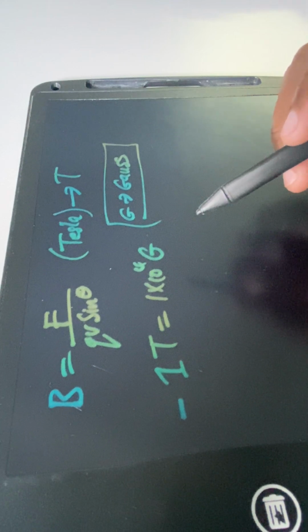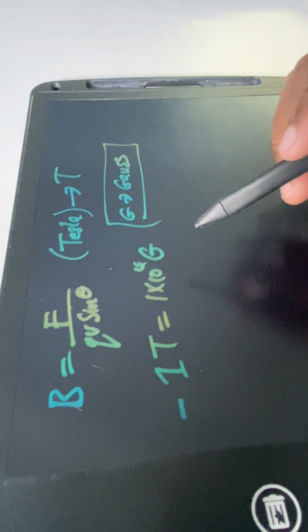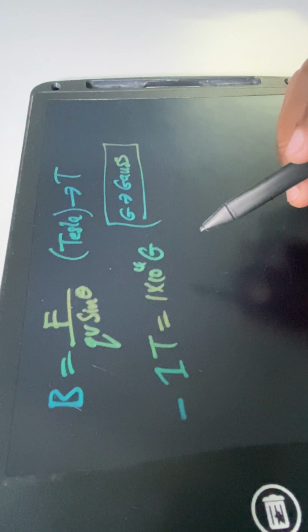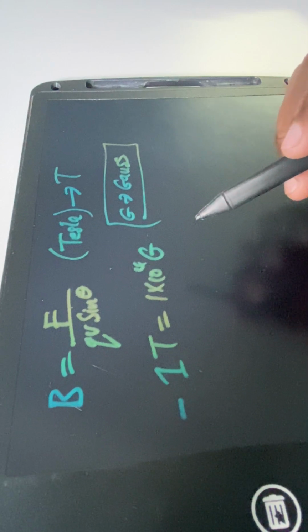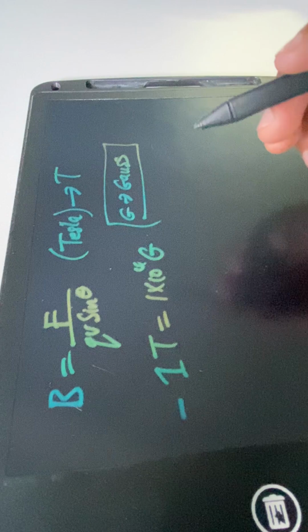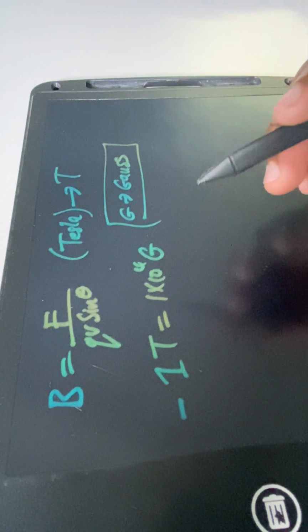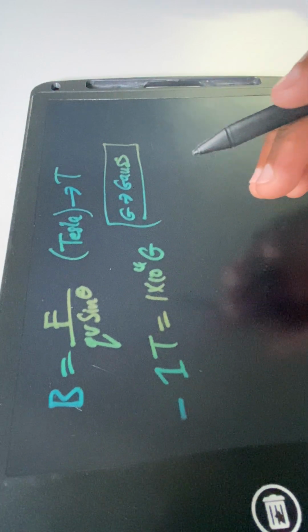So we spoke about the right hand grip rule, whereby we wanted to see the direction of the magnetic field lines around a current conductor. Now there's a very important concept that you have to get.